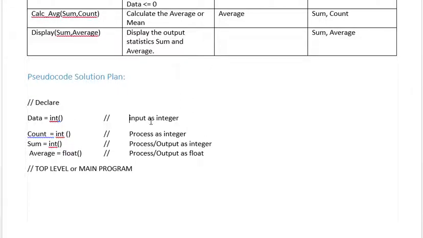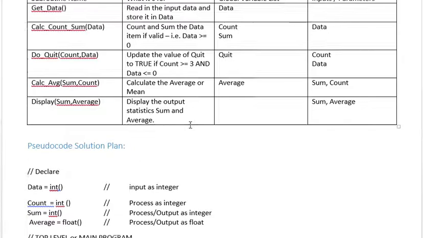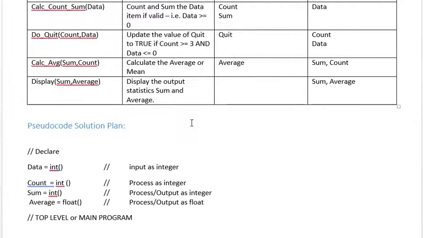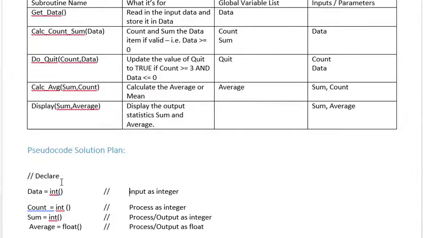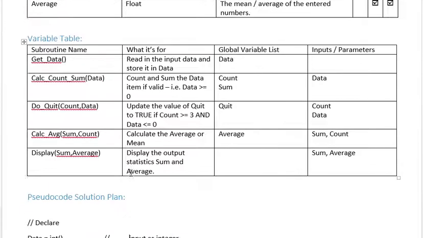Now you'll notice that the traditional way of doing this is to put in comments after the variable input, as integer, or whatever the case may be. That is completely and utterly meaningless, because data equals int sums it up. It tells me that it is an int of type integer.